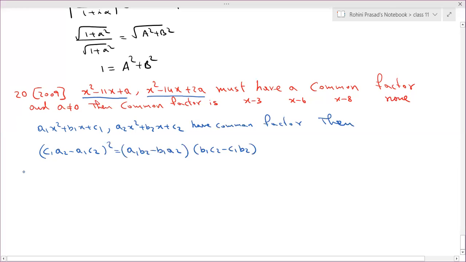Yeah, this is the formula. You can use this formula and then directly get an equation in A and then get the A value.